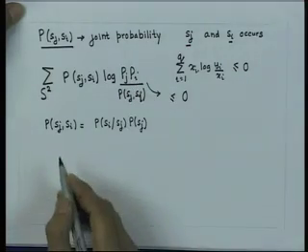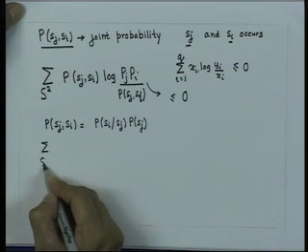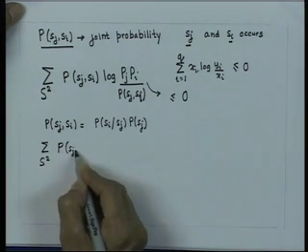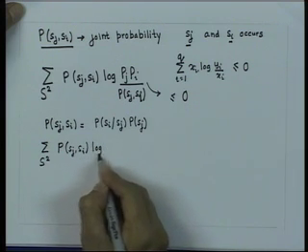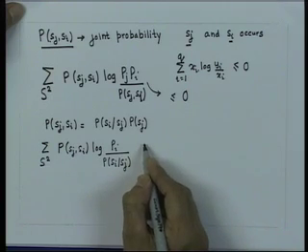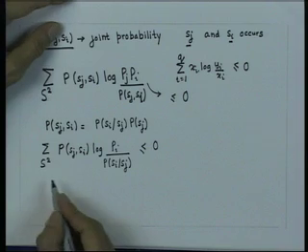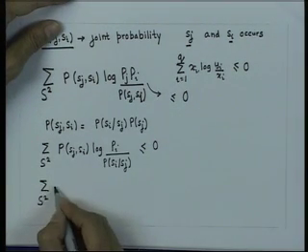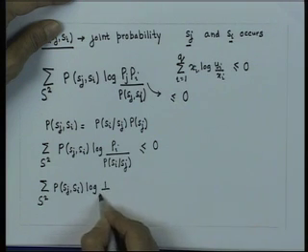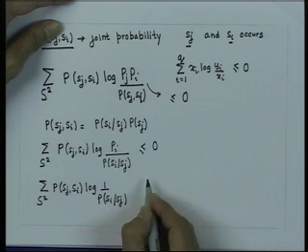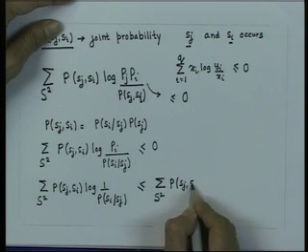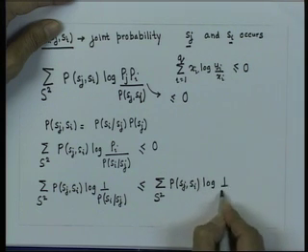If you plug in this expression into this, then I can write as Pi over probability of Si given Sj is less than or equal to 0, which I can further simplify as probability of Sj Si log of probability of Si given Sj will be less than or equal to probability of Sj Si log of 1 by Pi.